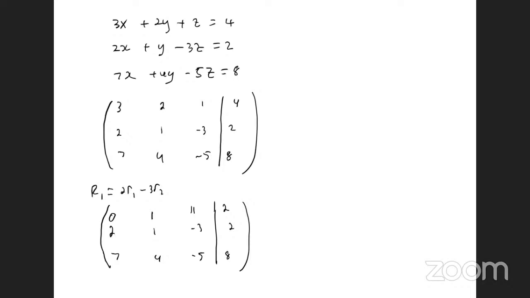We have minus 2 minus 3. Oh yeah, I got it. Okay, R2 with R3, so that'll be 7 R2 minus 2 R3.